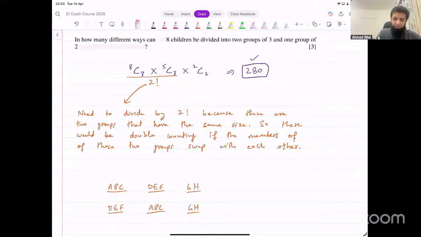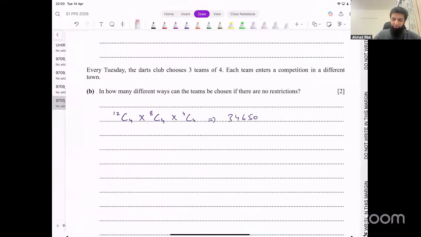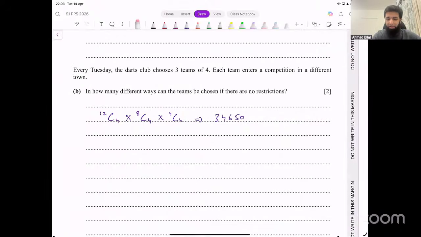Now, this problem is not there in this particular example. And the reason for that is this last thing that they have mentioned here. Each team enters a competition in a different town.